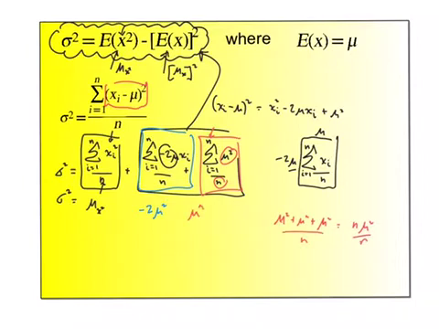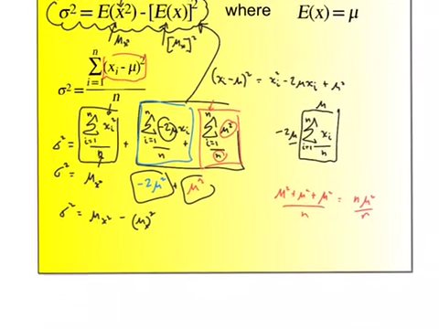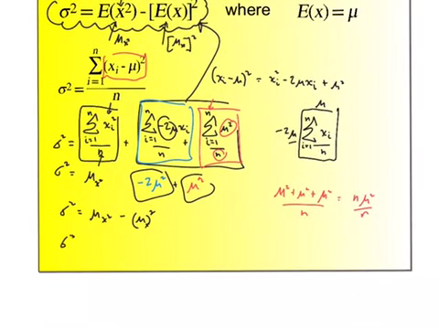I get mu squared. So when you have negative 2 mu squared plus mu squared, what happens is I get the average of the x squareds minus, how many? Well, 2 of them minus 1 of them gives me 1 mu squared.